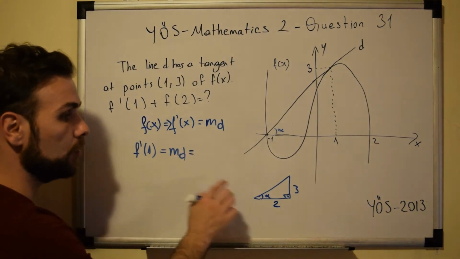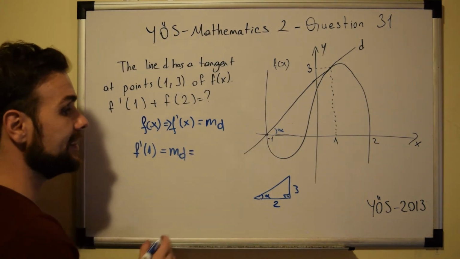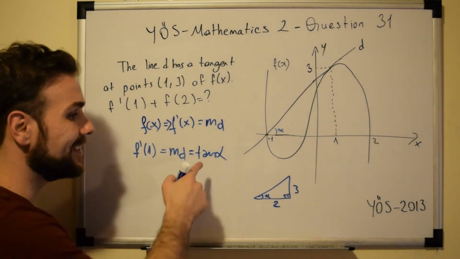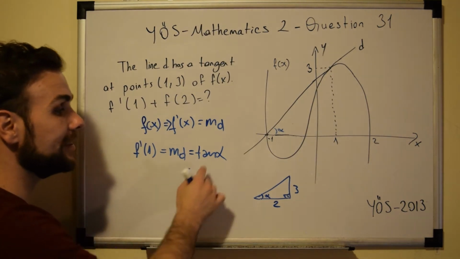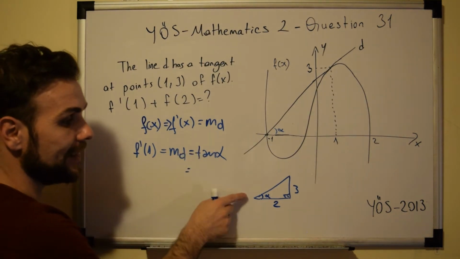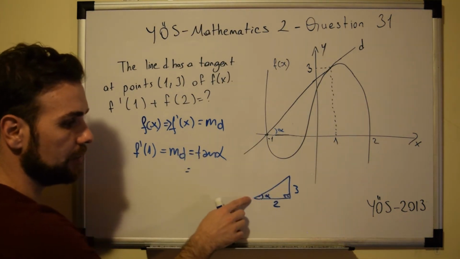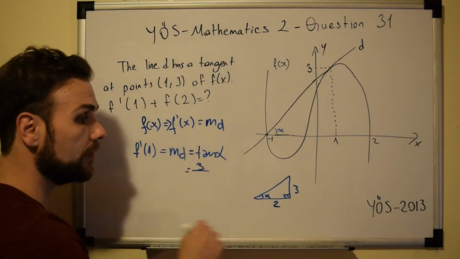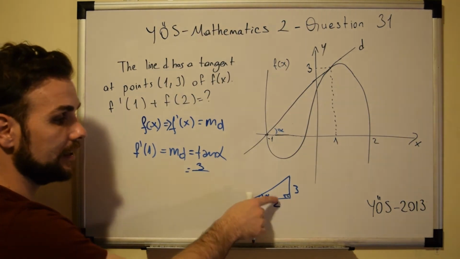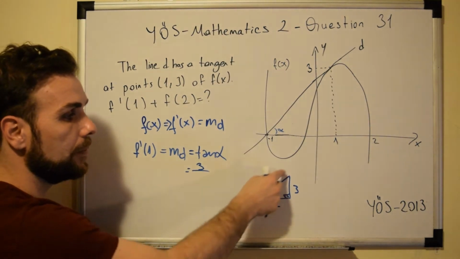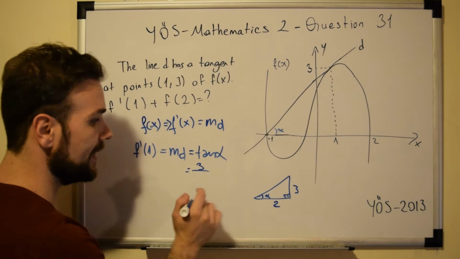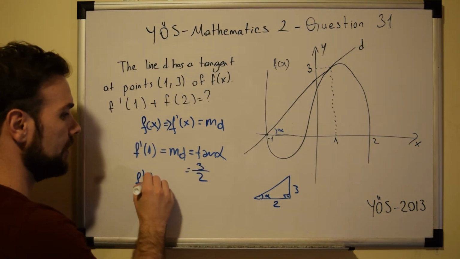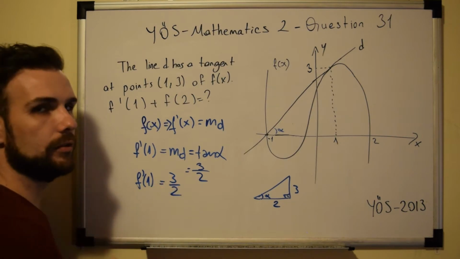This will be equal to the slope of this line, which is the tangent of alpha. The tangent of alpha is the opposite side, which is 3, over the adjacent side, which in this case is 2. So we know that the derivative of f at 1 is equal to 3 over 2.